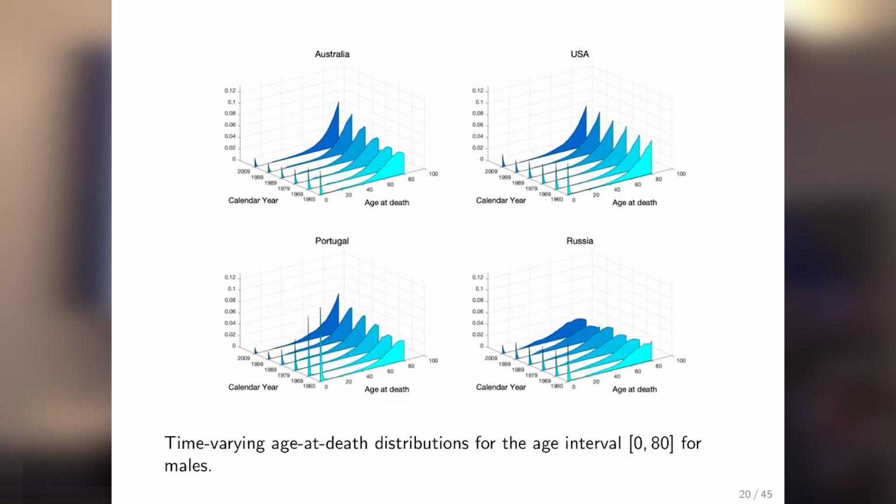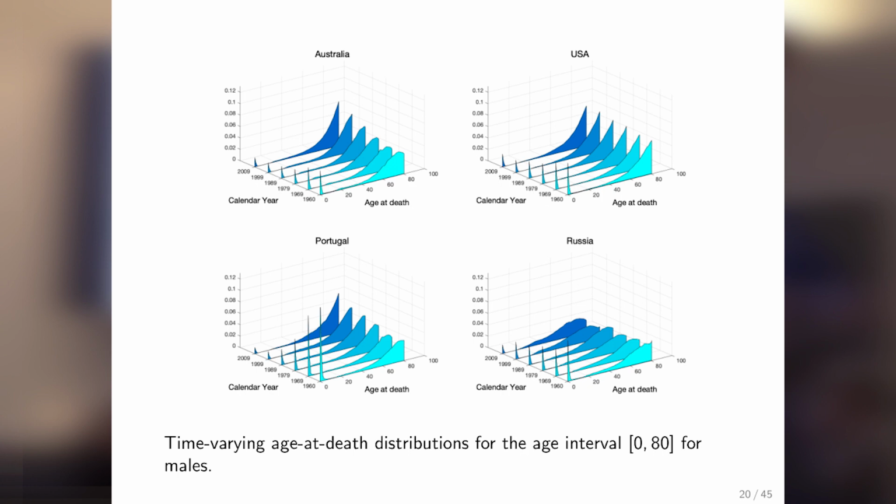So here, just a sample of 4 countries. These are the males for 4 countries. You can see the countries behave quite differently. You have calendar year going forward this way, and age at death this way, and this is the distribution represented as a density here. You can, of course, also represent it as a hazard function or whatever you like.